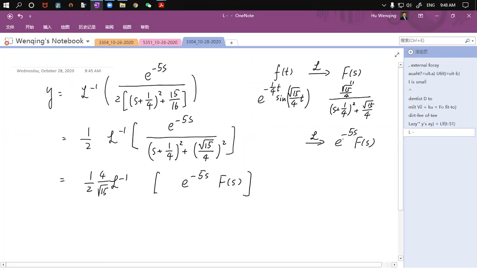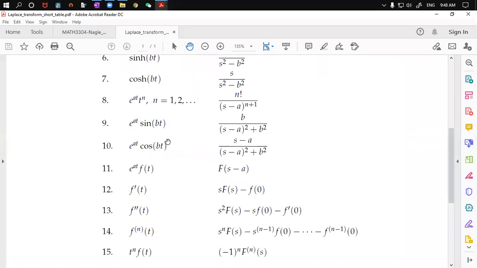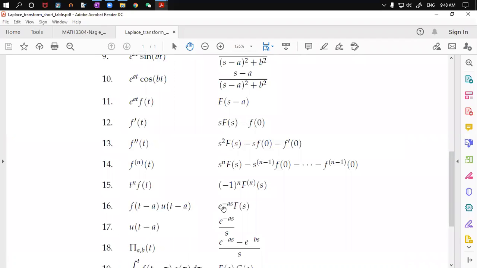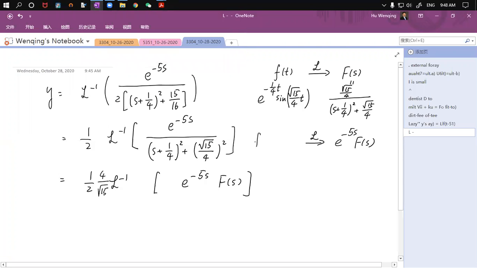You must recognize that here you're going to use an exponential shift. According to our table, this exponential shift turns into an ordinary shift, so basically a is equal to 5. You end up with the function f(t minus 5) multiplied by u(t minus 5).